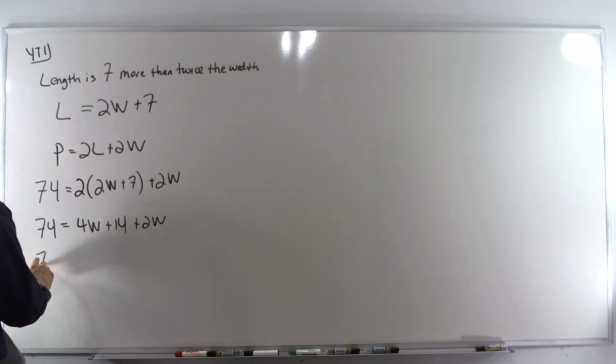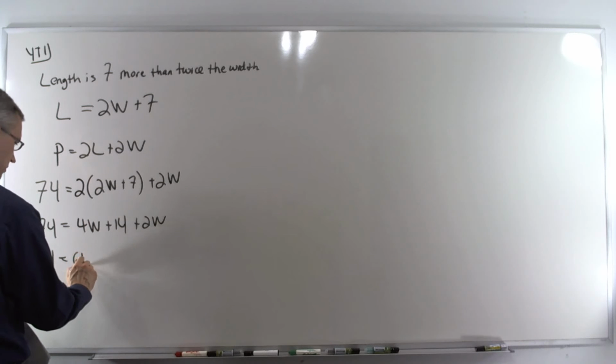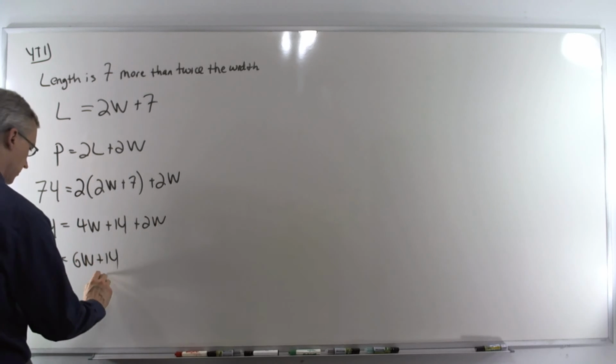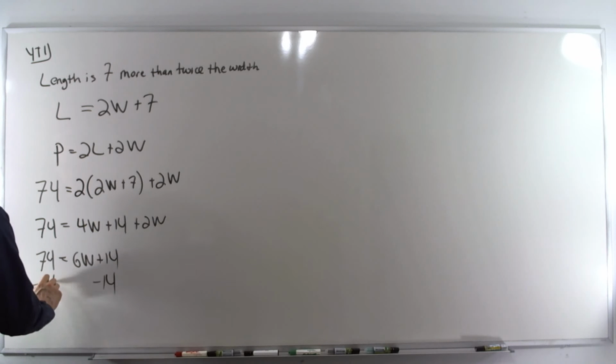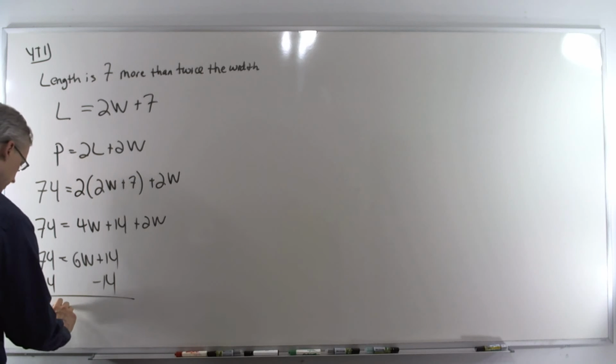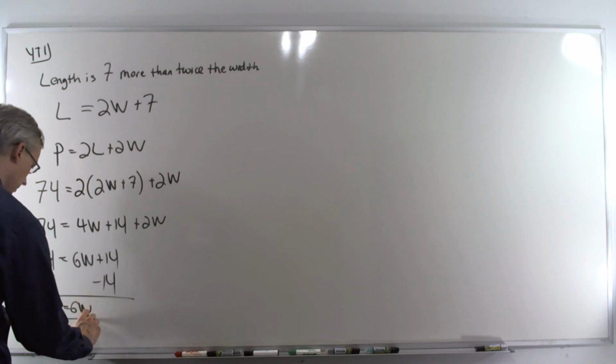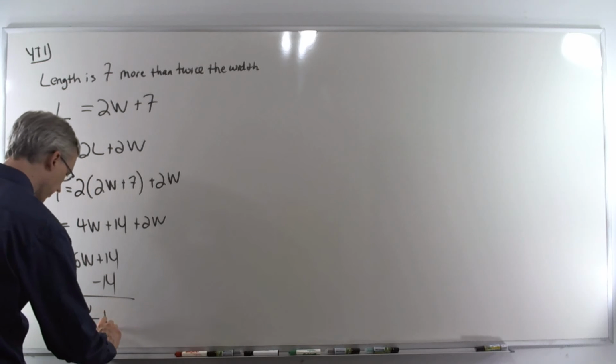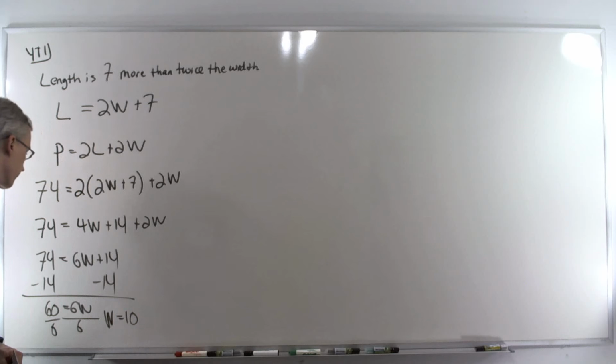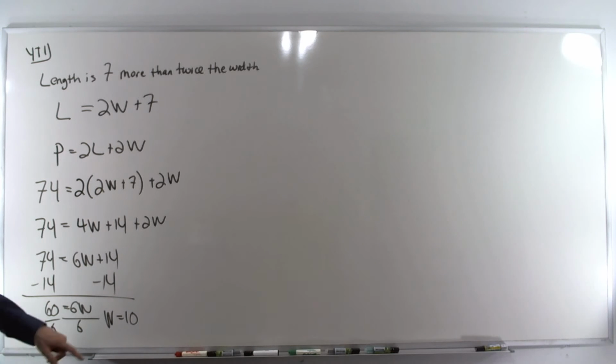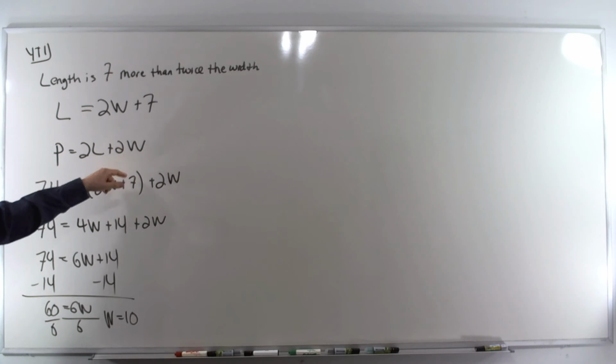Combine like terms. And we get rid of the 14 on each side. Gives us 60 equals 6W. Divide by 6, and we get W equals 10. Now we'll take that 10, plug it back into the perimeter equation.